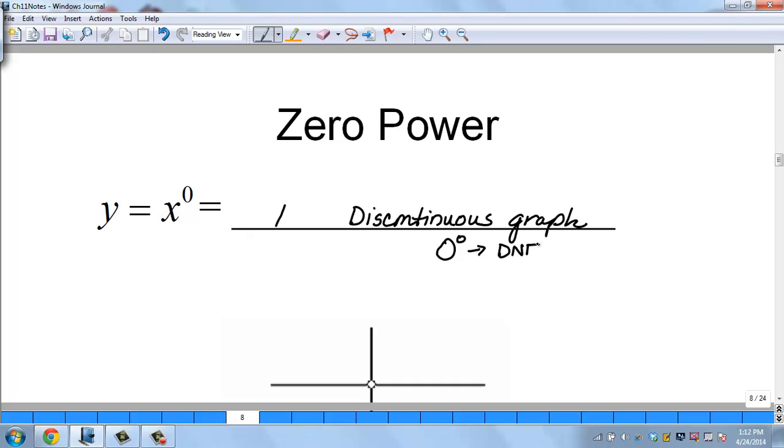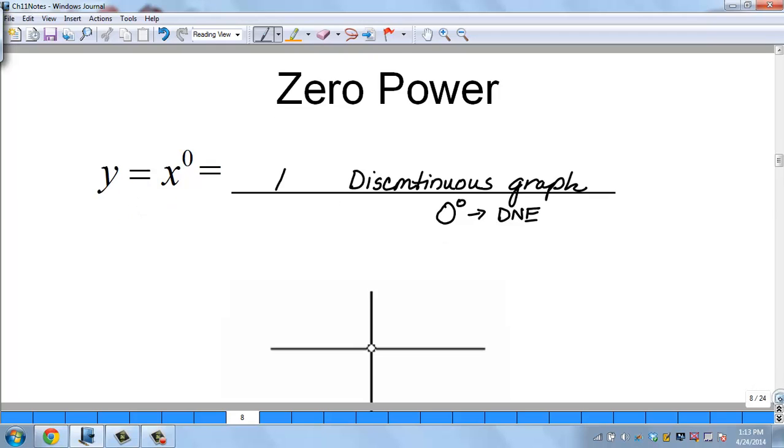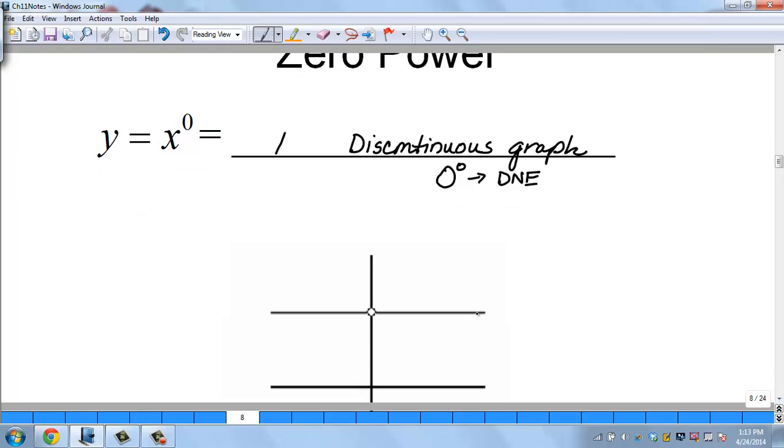There's no such thing as 0 raised to the 0 power. So if you were to really look at this graph, which is the graph of y equals 1, you would see there's a hole in the graph because 0 to the 0 power doesn't exist. I just wanted you to have that for your notes, because it is kind of a picky thing, but I wanted you to see. Okay?